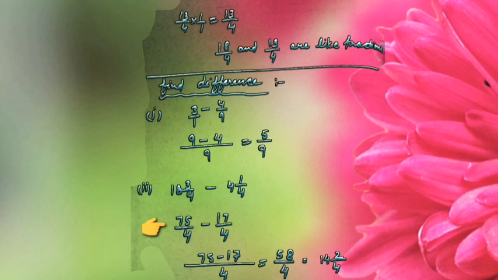Similarly 4 fours are 16, 16 plus 1 17, 17 by 4. Now subtract both. 4 as a denominator and 75 minus 17 equals 58 over 4.